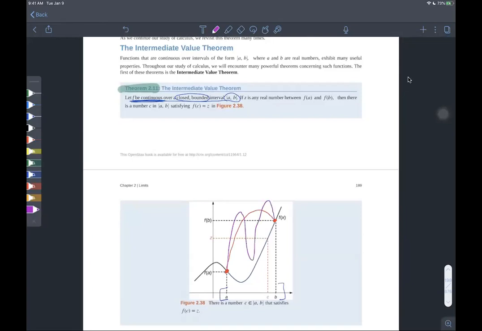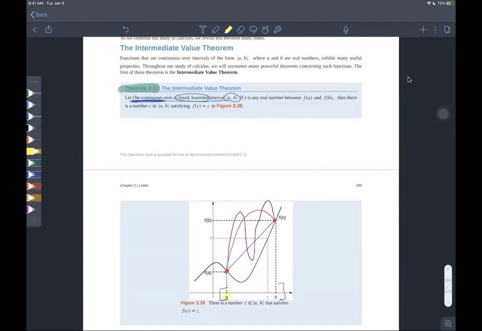Something like this, or it doesn't matter. I can ask anybody in this class to draw a continuous graph from point A, f of a, to point B, f of b. Doesn't matter how I draw it, but what the intermediate value theorem says is, obviously for the x value of a and the x value of b, there is an output value.